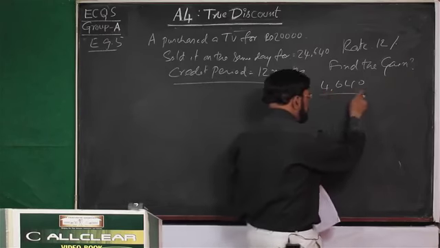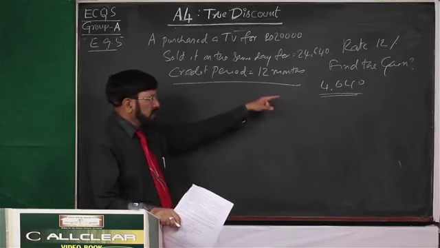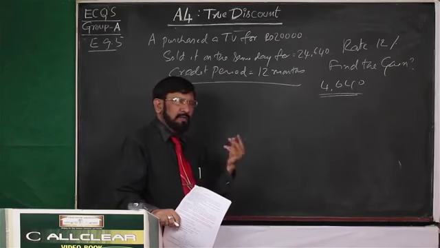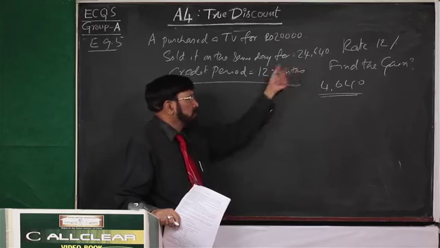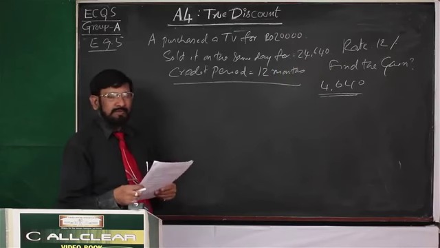But this is not true, because you are getting it after 1 year. So you have to find the present value of the future amount. Here the future amount is 24,640.